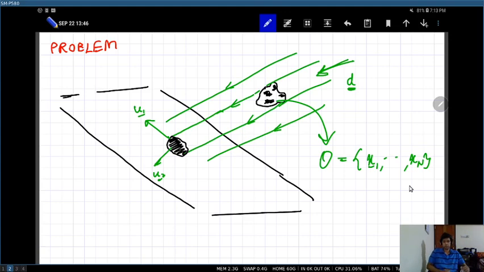So given an arbitrary direction d and arbitrary vectors u1 and u2 which determine the plane, how do you compute the points of this shadow?